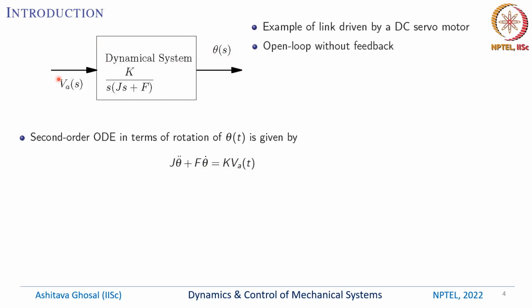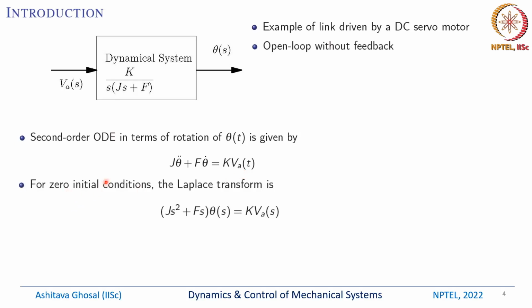Here we can see that theta s divided by Va of s is k divided by s into (js plus f), and the ordinary differential equation from this output by input is given by j theta double dot plus f theta dot equals k into Va of t. Va is the voltage which is applied.